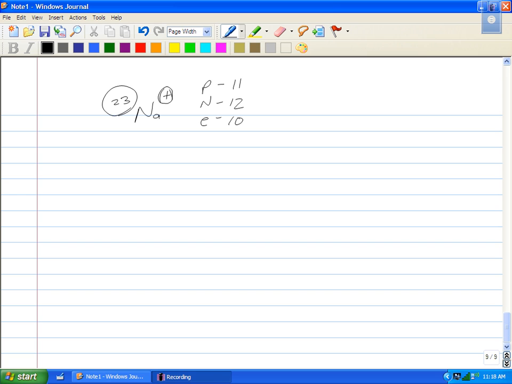Alright? What about... And by the way, when I'm doing these, I might make up an isotope that doesn't even exist, but that's okay because it's just for practice. But let's say there's this one.